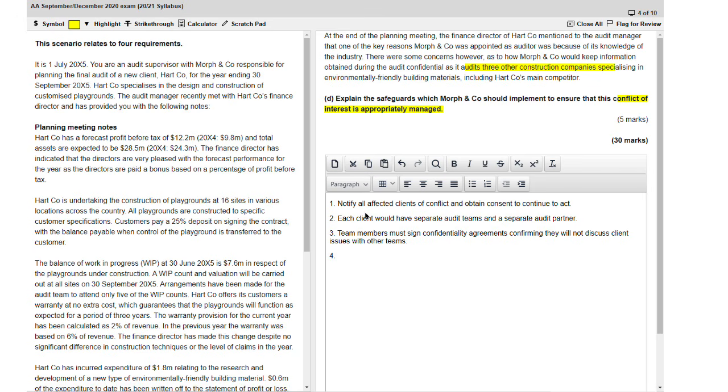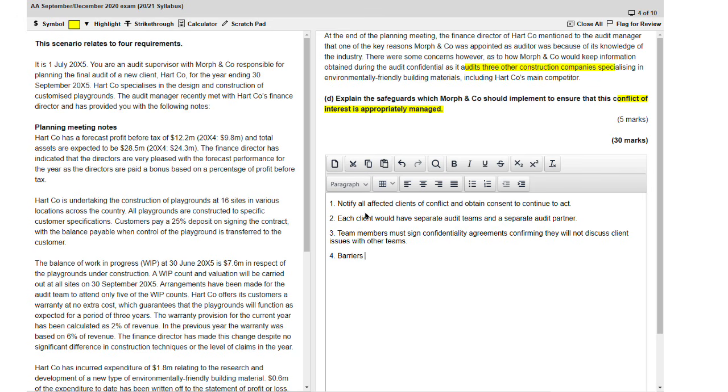In addition, the firm needs to put in barriers to information. It's not really about locking the teams up, but what they do need to do is on, for example, their electronic working papers, to make sure that one team cannot access the working papers of another team. And so they would often use the word barriers to information.